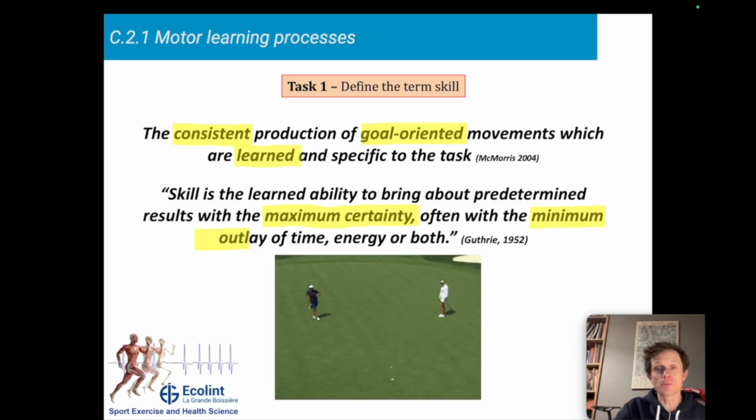If we look at this example of a golfer, we can see clearly that this is something that they've had to practice. It's a goal-orientated movement. The idea of learning the skill of putting is to maximize the chance of success every time they get onto the putting green, and with the minimum outlay of time or energy.